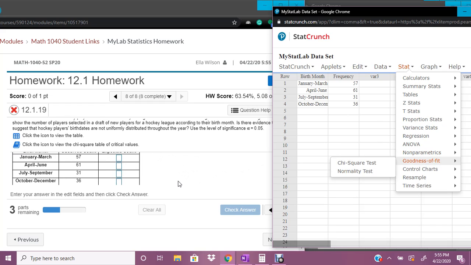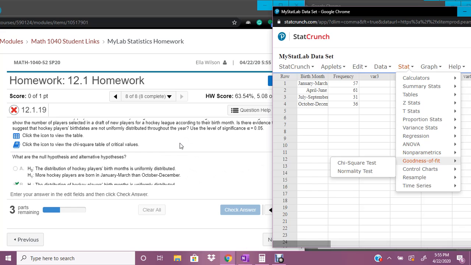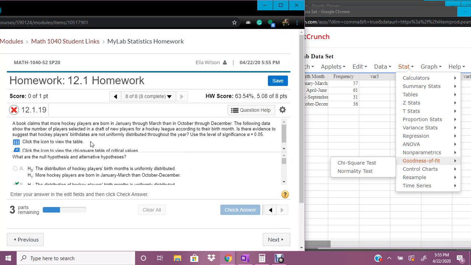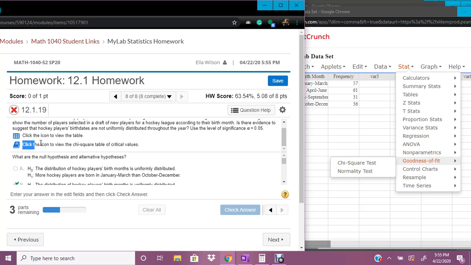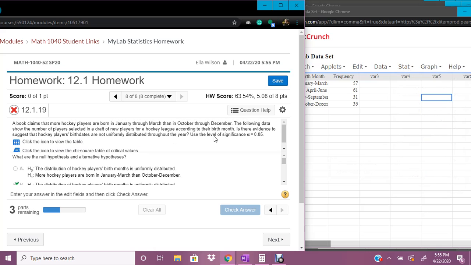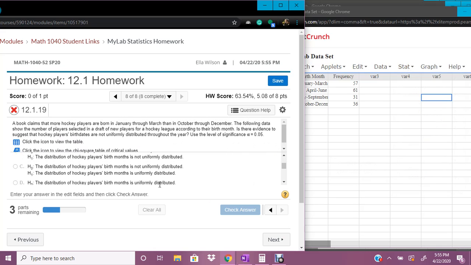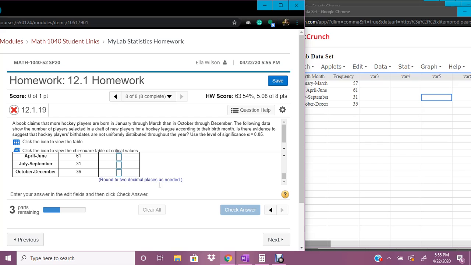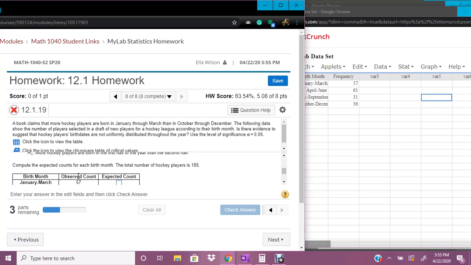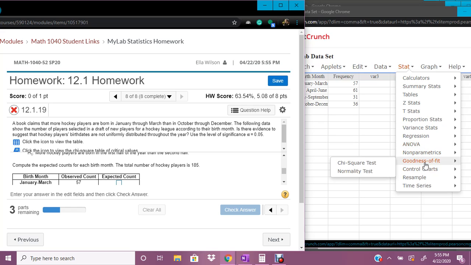We know that's what we're doing because if it says view the chi-square table of critical values, that's a Q. Plus we're just in 12.1 anyways, and we have the observed and expected values that we're figuring out, and so that is why we know we're in goodness of fit.